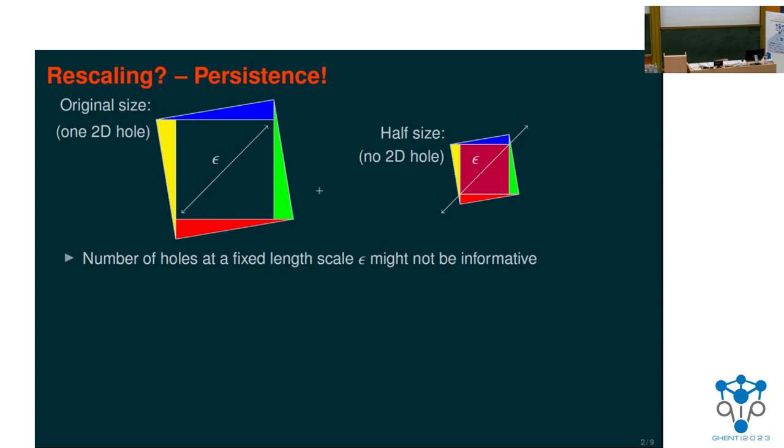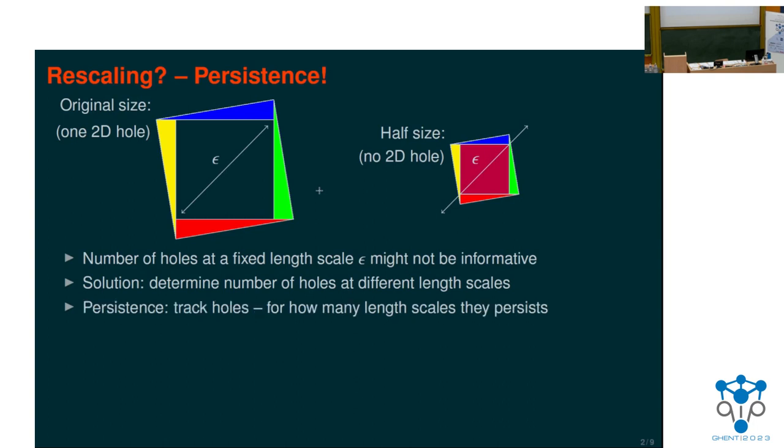And so a solution to this is to determine the number of holes, the Betti numbers, at different length scales. So we choose different values of epsilon, and that gives us different shapes and holes, and we determine them all together. This is called persistence, and there is one extra thing: you can even track the holes. Maybe there is some length scale where the points are all disconnected.